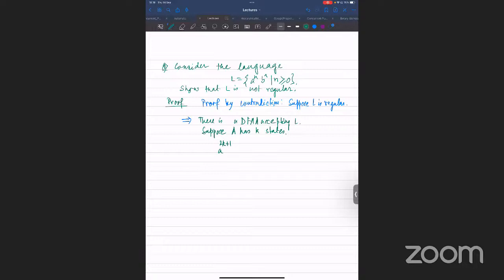So you are saying that there exist some i and j with i not equal to j such that by reading a^i and a^j, we reach the same state q. Then what from q0?